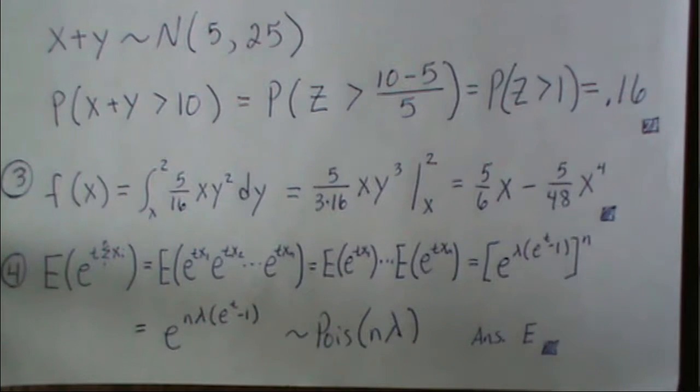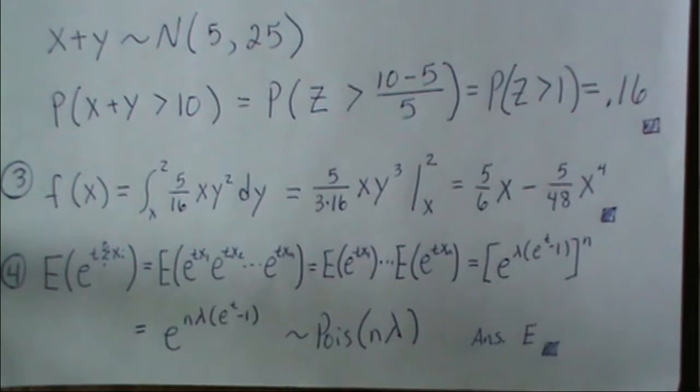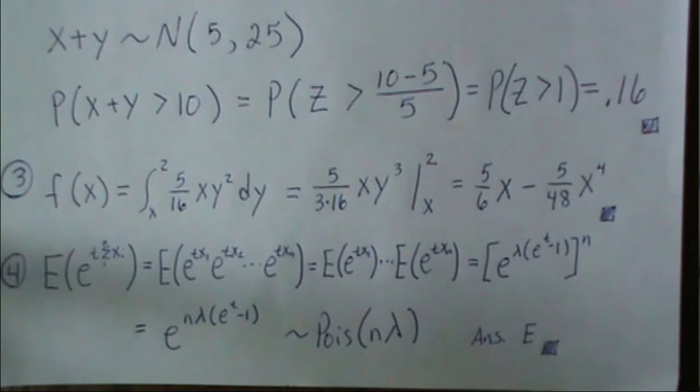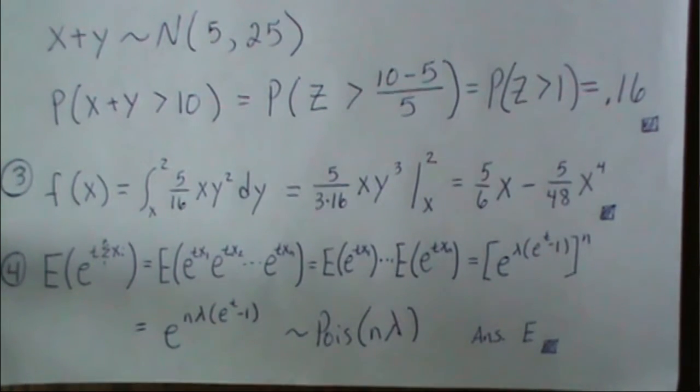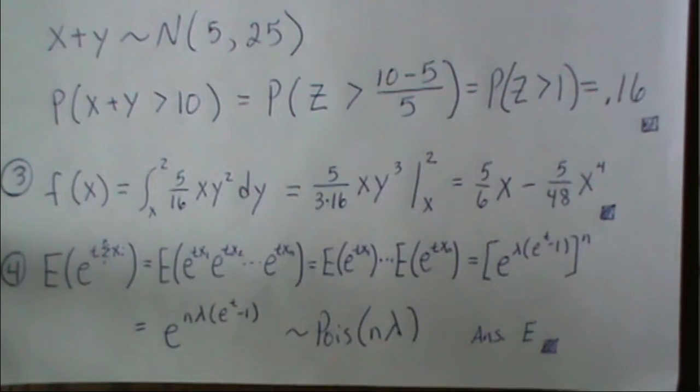Well, the sum of Poissons is Poisson again, but since we're dividing by n of that sum, that confuses it a little bit. And so I'm not 100% sure what that would be exactly. But I do know that the sum of Poissons is Poisson. So if you look at answers D and E, it's probably one of those.